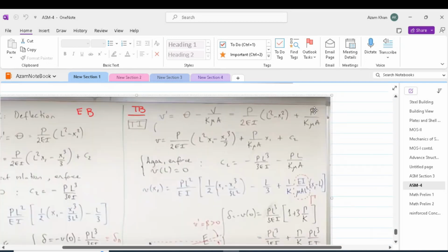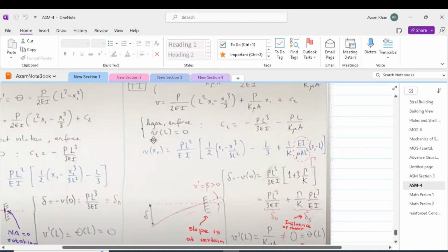So we will have plus P over K mu A. Now we will follow the same procedure as in Euler-Bernoulli beam theory. We integrate and we get P over 2EI times (L square x1 minus x1 cube by 3) plus P over K mu A x1 plus C2.